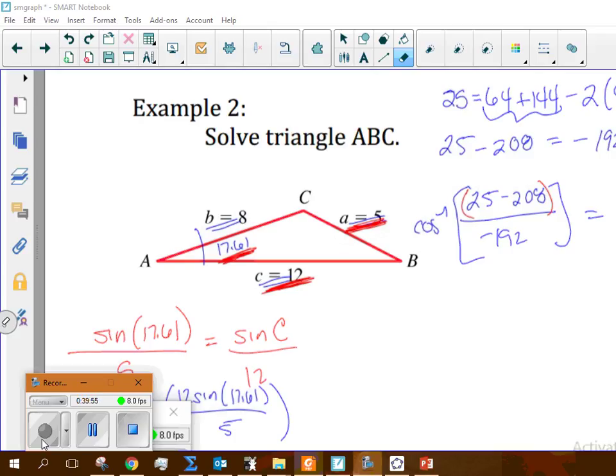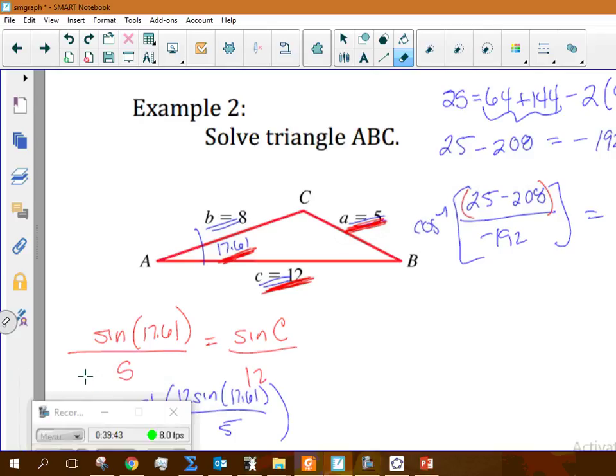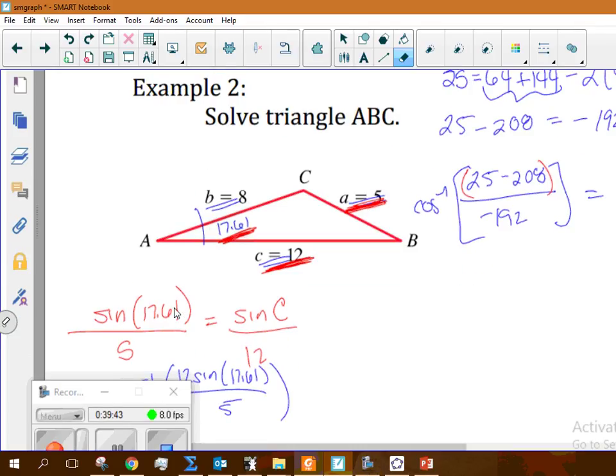Okay, sorry about that. But I want to get back to discussing when we use the law of sines here to finish this problem off. We come across some geometry that doesn't make a whole lot of sense initially.